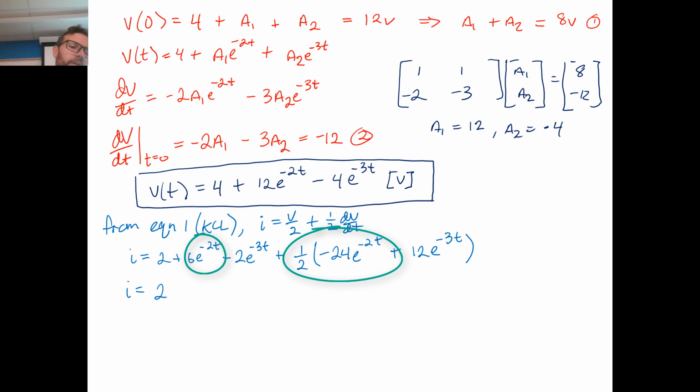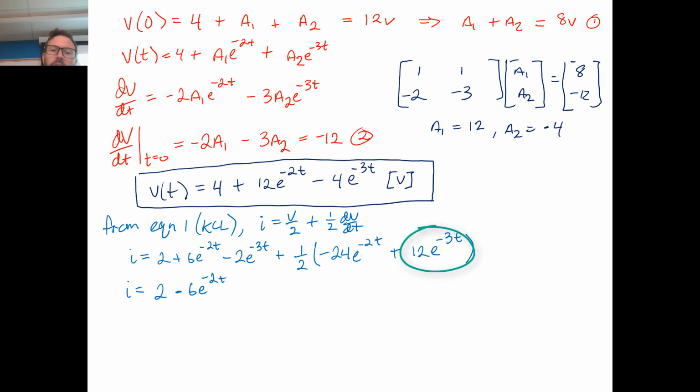So this ends up being a total of minus 6 e to the minus 2t. And then for the second term, we had a plus 6, right? 12 over 2 is 6, and a minus 2. So it looks like we end up with a net plus 4 e to the minus 3t. This is the total I of t.